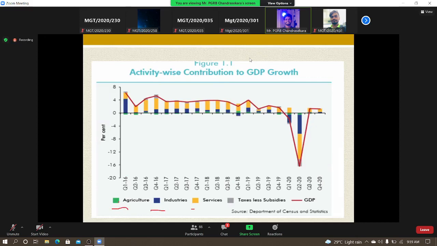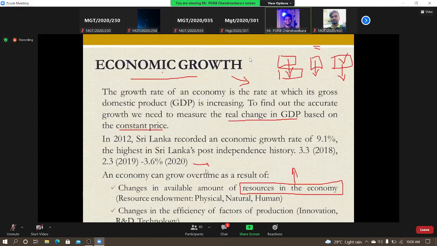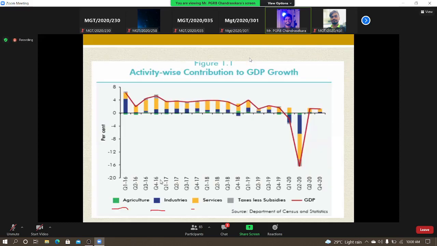Agriculture sector is in minus, green color, shows the -1. Likewise, fluctuations are there quarter wise. Overall, don't compare this with this data, because these are quarter wise.